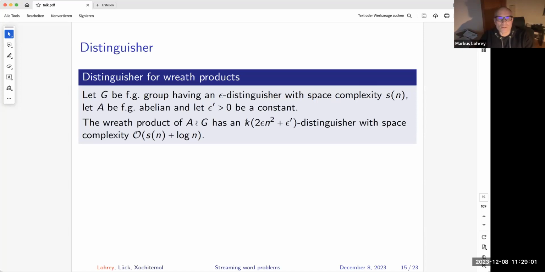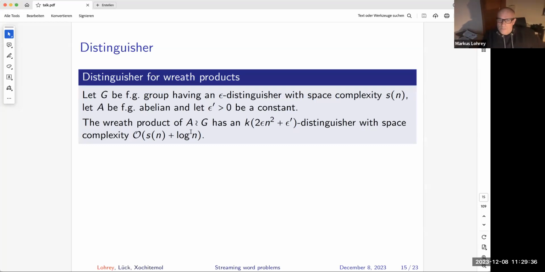K is another constant that depends on the abelian group A, I think the number of cyclic groups, times 2 epsilon n square, again with this n square, plus epsilon prime. And the space complexity only goes up moderately: you take the space complexity S of n of the right factor G, and then there's an additive log n part.